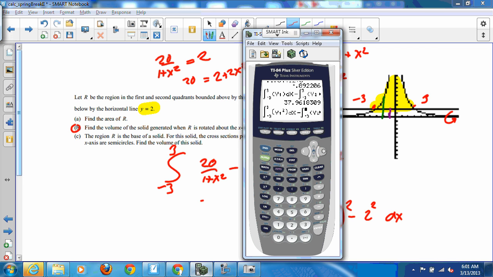Okay. Slowly but surely we're getting there. Second insert, and square it. And then don't forget we still have to multiply this by pi. So multiply that answer by pi.